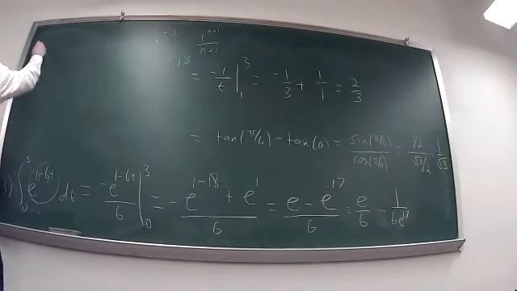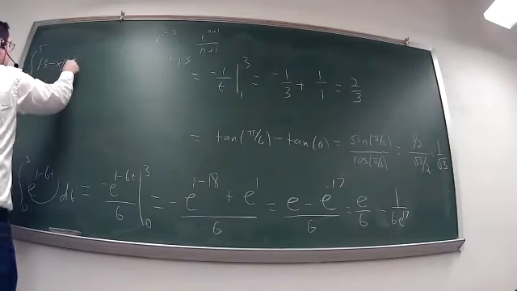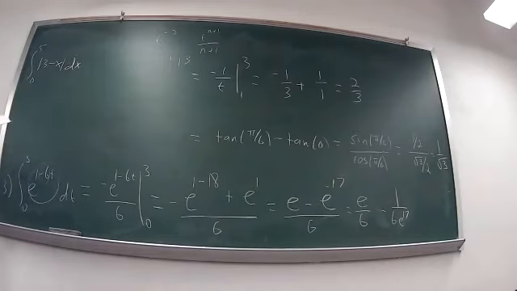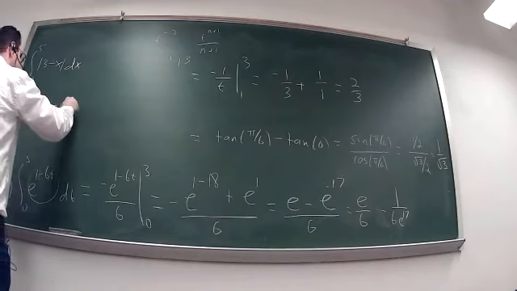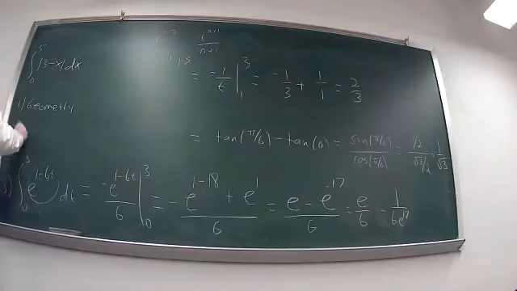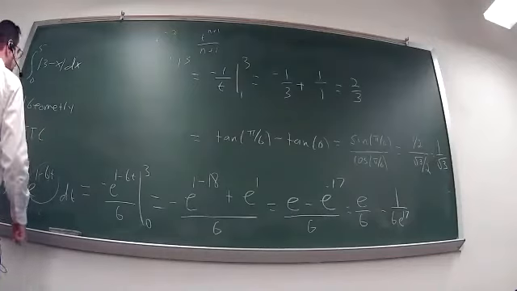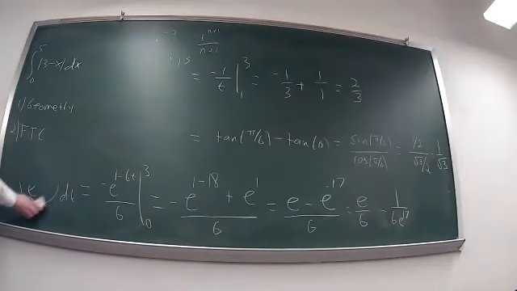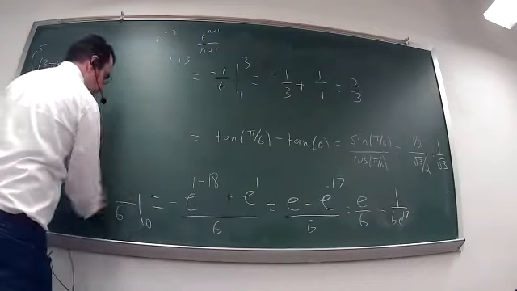Integrate from 0 to 5 the absolute value of 3 minus x. I think you could do this two different ways. I think you could do this with geometry, and I think you could do this with the fundamental theorem of calculus.